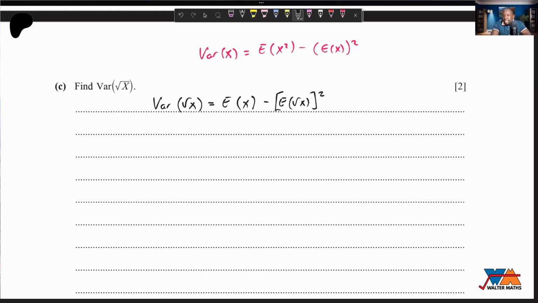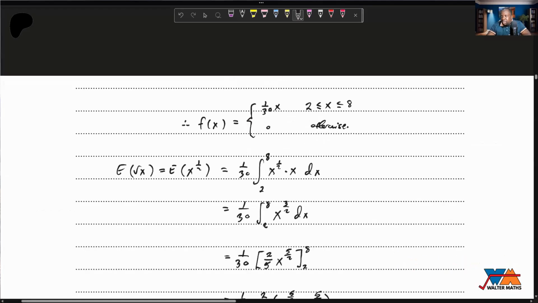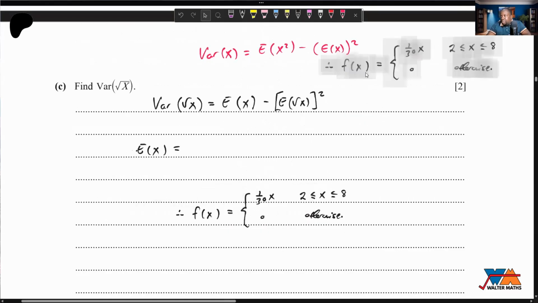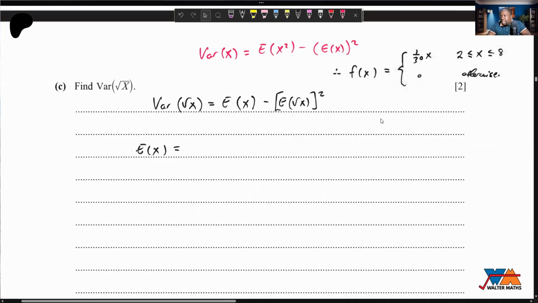So we need to find the expectation of x, which in our particular case, if we use the PDF, we got the PDF to be this, right? So I'll place it down here. So we're basically saying that it's going to be 1 over 30. It's the integral of x times 1 over 30 of x with respect to x, from 2 up to 8.